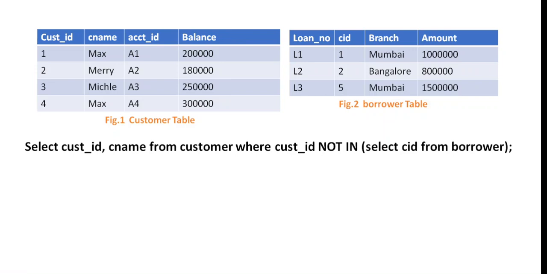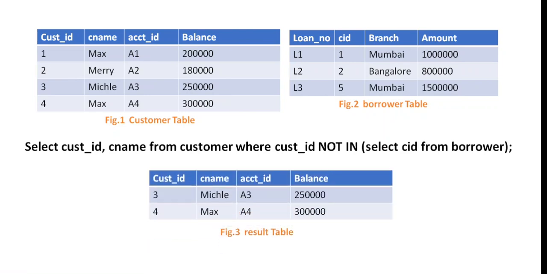It will display all those customers whose IDs are not 1, 2 and 5. So it will give you the data for customer number 3 and customer number 4, because these two customers have an account in a bank but do not have a loan. So these are independent subqueries using the not in operator.